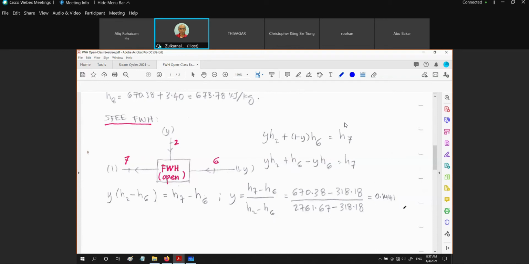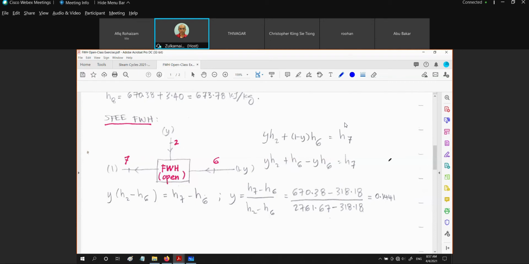So this is your Y value, the fraction. You see, I don't put any kg here, I just leave it as a fraction. This is how much the fraction of bled steam is for every 1 kg of steam flowing in the plant. So if the plant flow is, let's say, m dot, then you multiply by m dot.